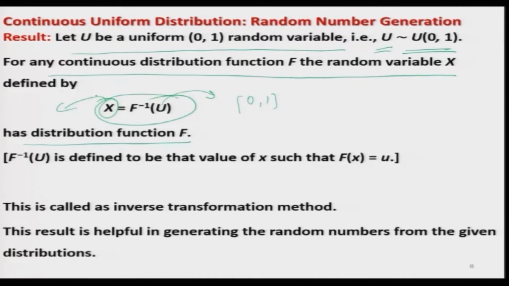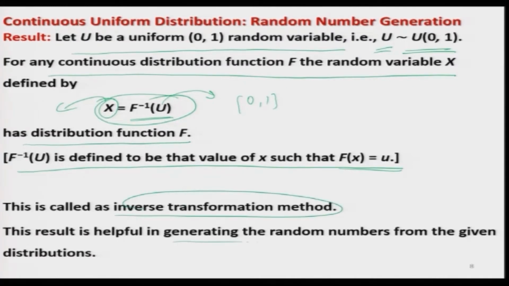That gives you a random number coming from the probability density function which X is following. Here I am using the mathematical operation F inverse of U, which is defined to be the value of x such that F(x) is equal to U. This result is called the inverse transformation method, and it helps in generating random numbers from a given distribution.